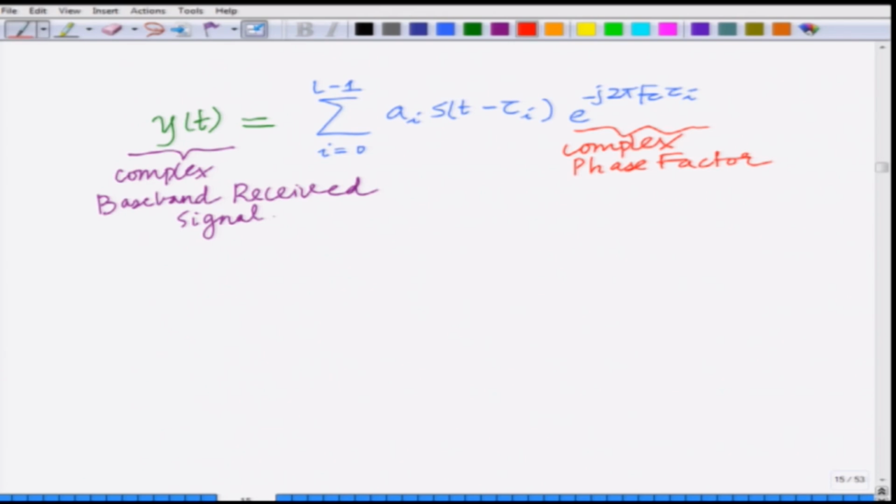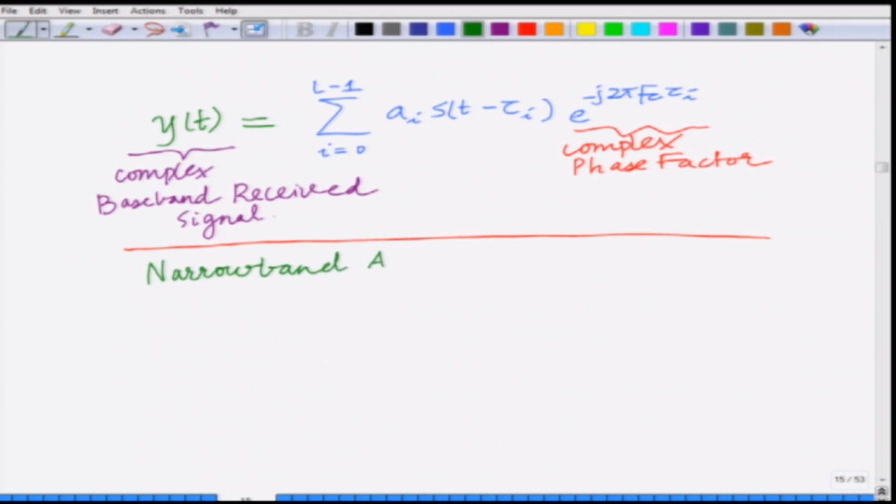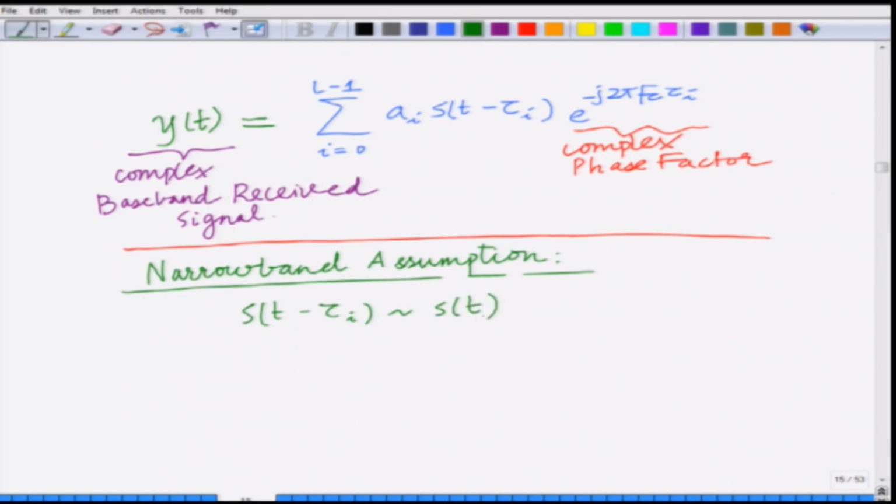What we are going to do now is to further simplify this slightly. We are going to employ what is known as the narrow band assumption for the transmitted signal, which says that S of t minus tau I is approximately equal to S of t, and we can employ this assumption when we have a narrow band signal.